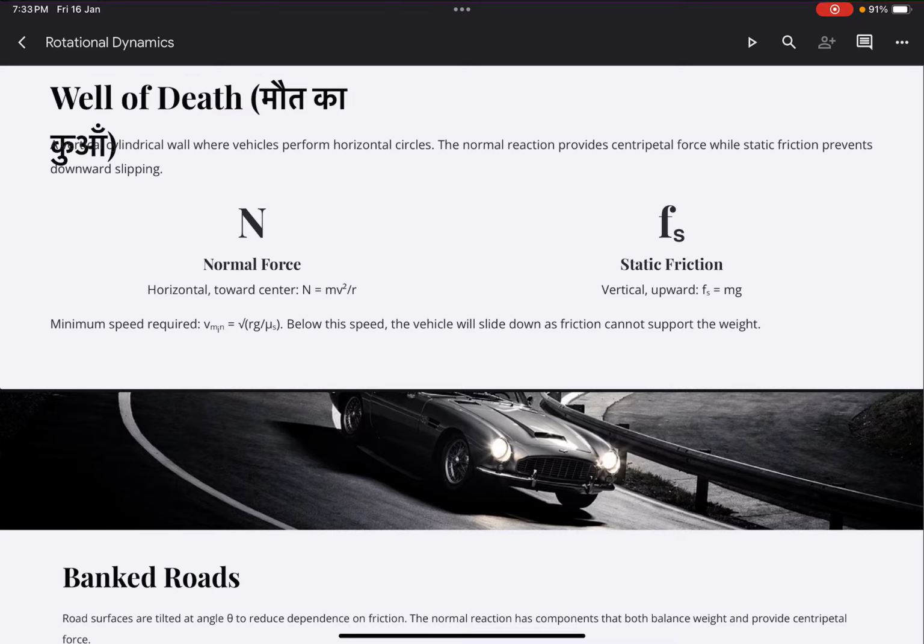So in that case, the normal force is mv square by r, and the static friction is mg. So the minimum speed with which he has to move without falling down is given by under root of rg upon mu s. Below this speed, if he is slow, then the vehicle will slide down, as the friction cannot then support the weight of the vehicle.